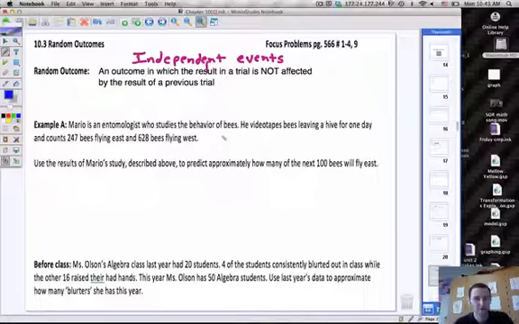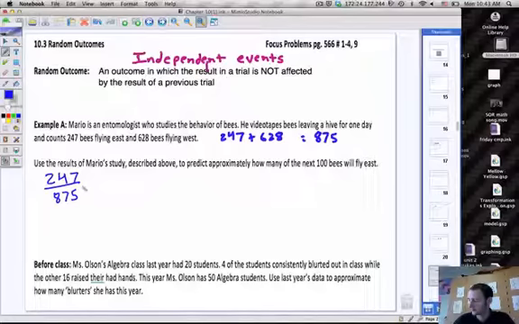So 247 plus 628, total number of bees is 875 bees. So the probability of one flying east would be 247 divided by our total 875, which is about 28%, or about 0.28.